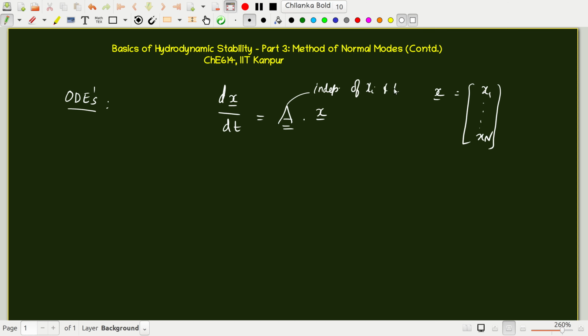Matrix A is independent of the xi's and time. Now, we all know how to solve this if I tell you what the initial condition is.